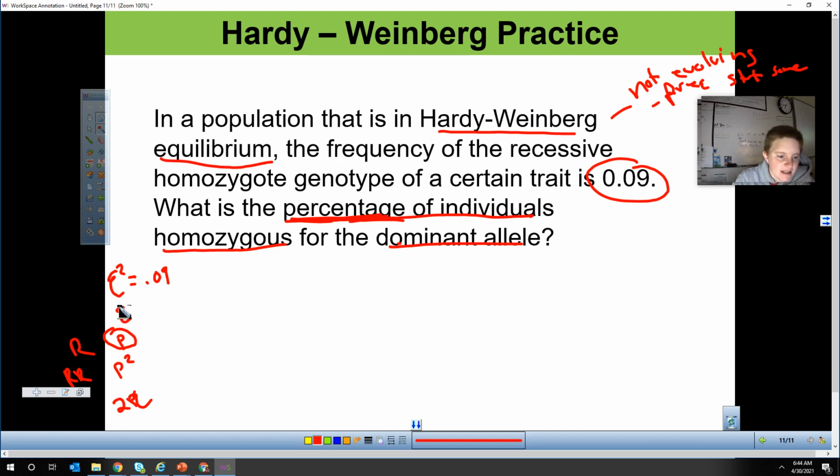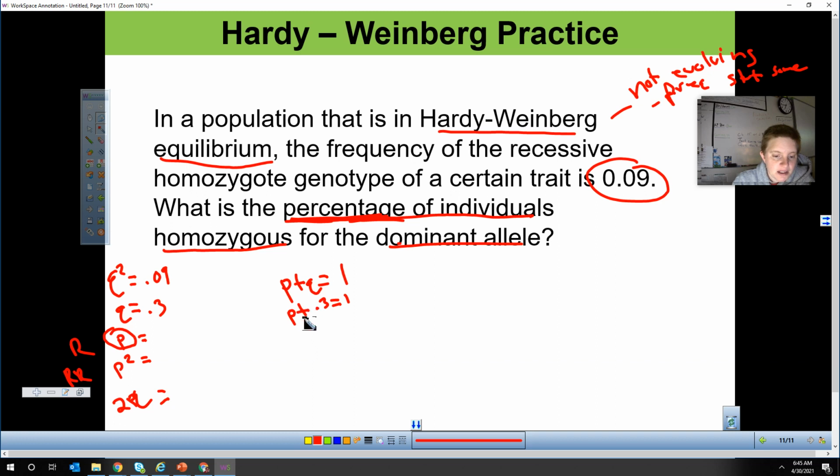All right, so from here, it's pretty simple to solve this problem. To figure out Q, you just have to take the square root of that, and that would be 0.3. You could do that on your calculator if you really need to, but trust me, 0.3 times 0.3 is 0.09. Well, if P plus Q equals 1, then 0.3 plus P equals 1.